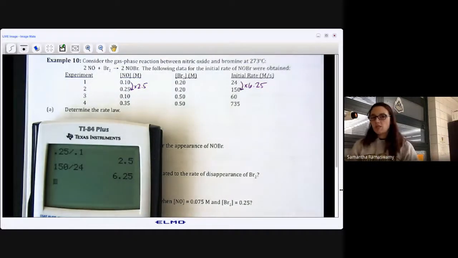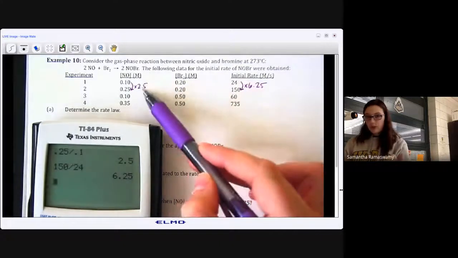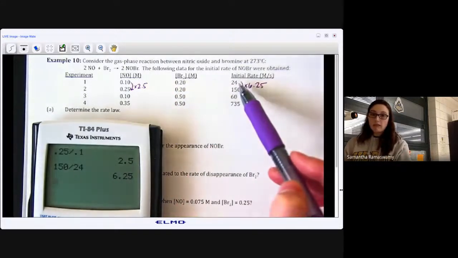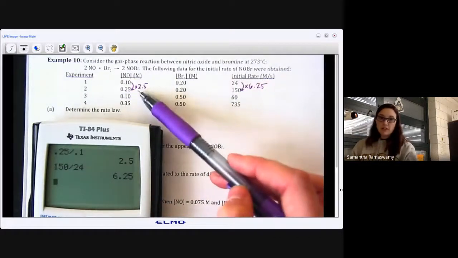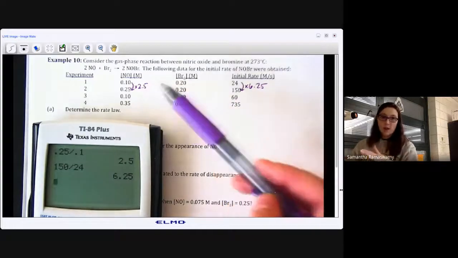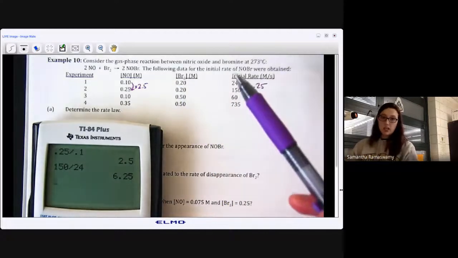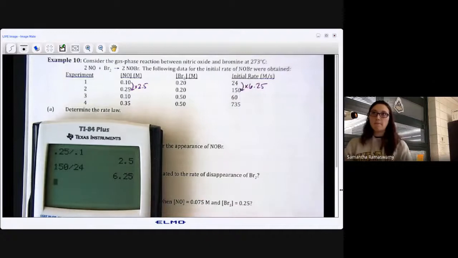So let's just think through this. It's not zero order, because if this were zero order, if I increase this by 2.5, the rate would remain at 24 molar per second. Zero order means that whatever you do to your reactant, nothing happens to the rate. The rate doesn't change. So we know it's not zero order.